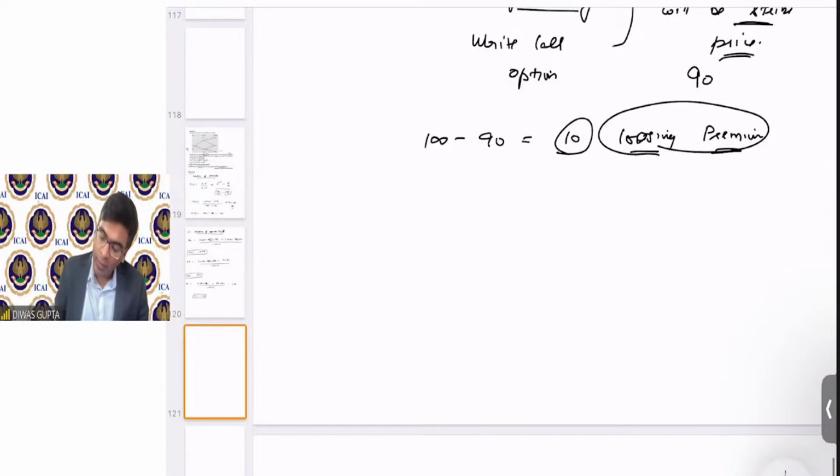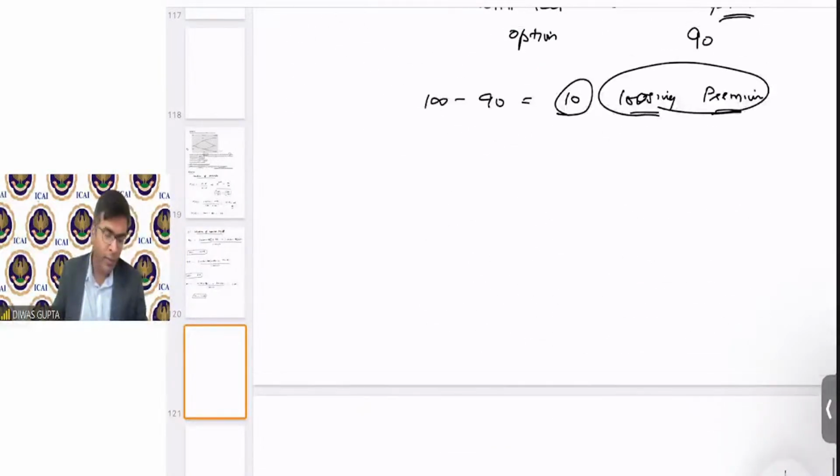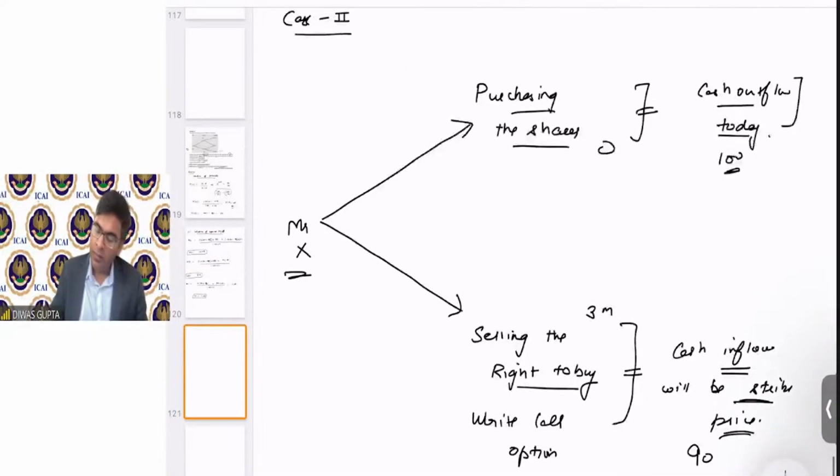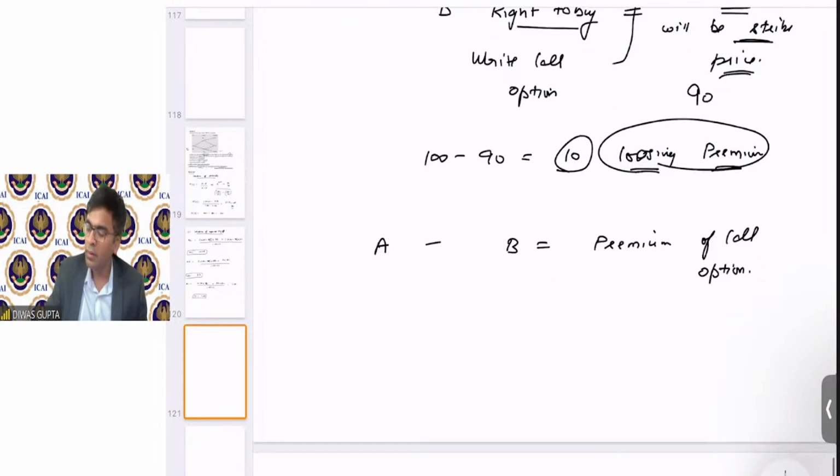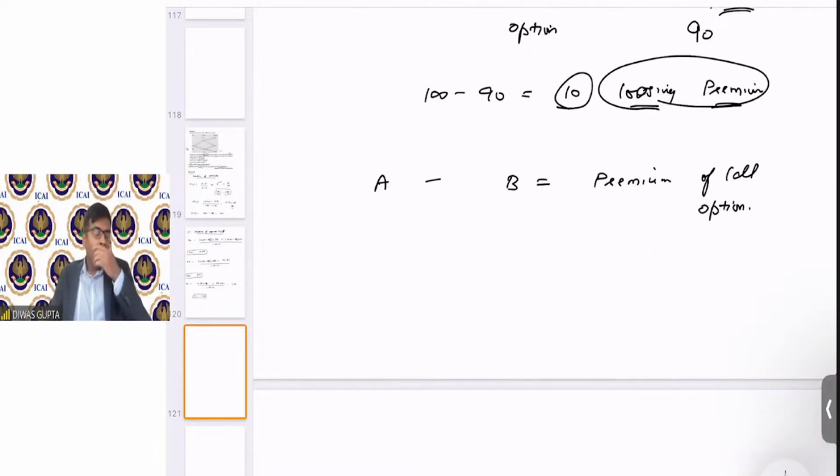So if this is A and this step is B, then A minus B becomes my premium of call option. I hope this is clear.